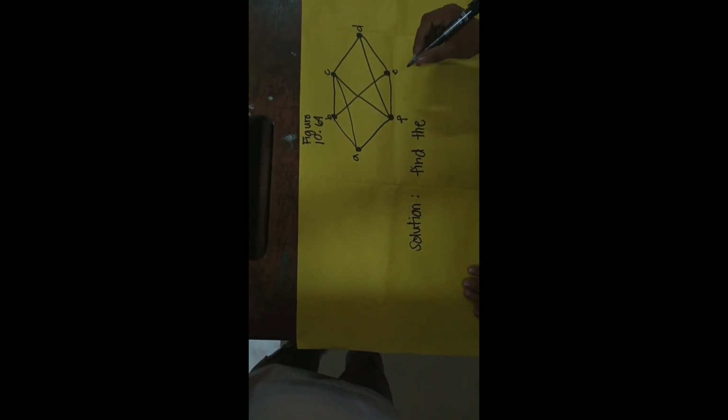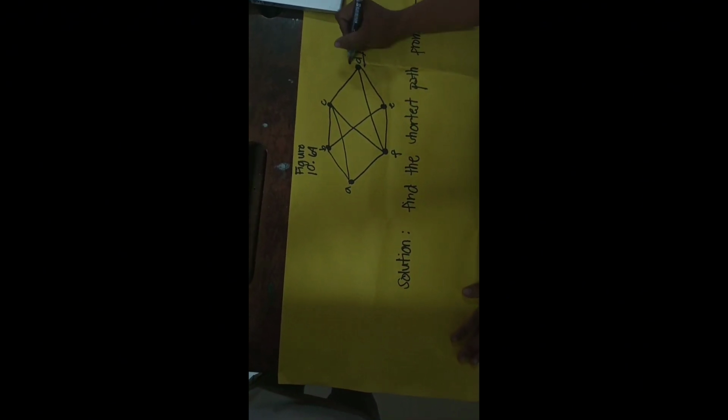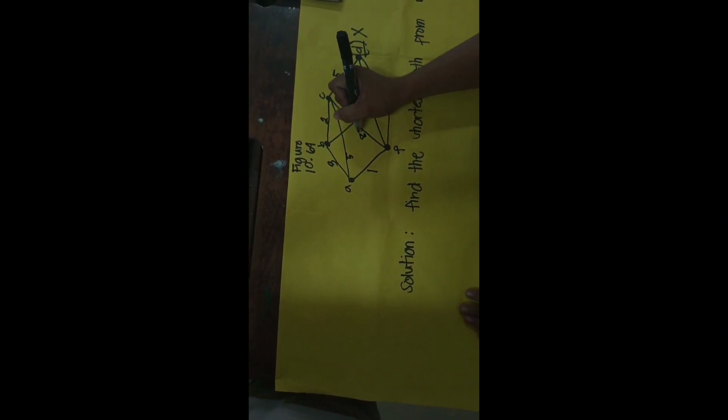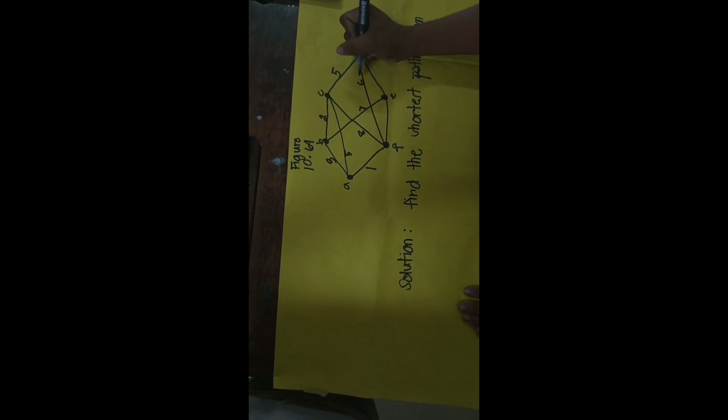The problem is to find the shortest path from A to X. So let's have this D as X. So let's distribute the weight of each edge: 3, 5, 2, 5, 8, 7, 6, 4, 7.